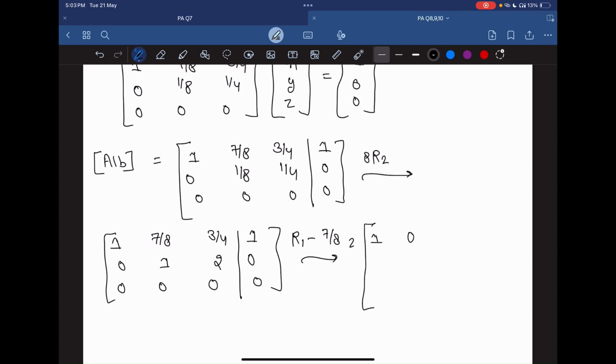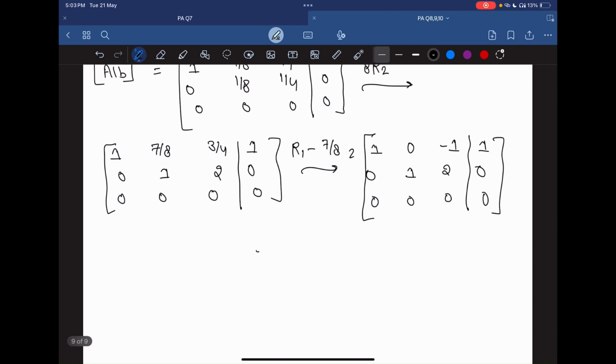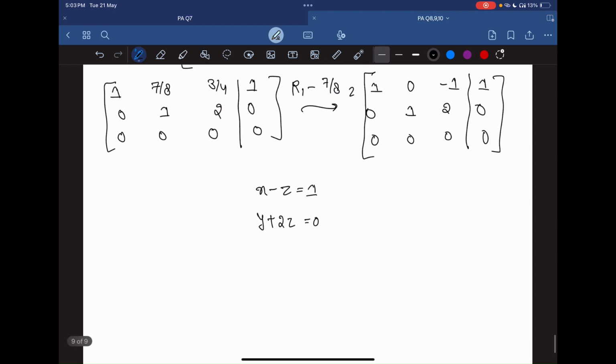So it is simply 1, 0, -1, 1; 0, 1, 2, 0; 0, 0, 0, 0. So now the equations that we got are x minus z is equal to 1, y plus 2z is equal to 0. So from these two equations we get x is equal to z plus 1, consider this as equation 1, and y is equal to negative 2z.